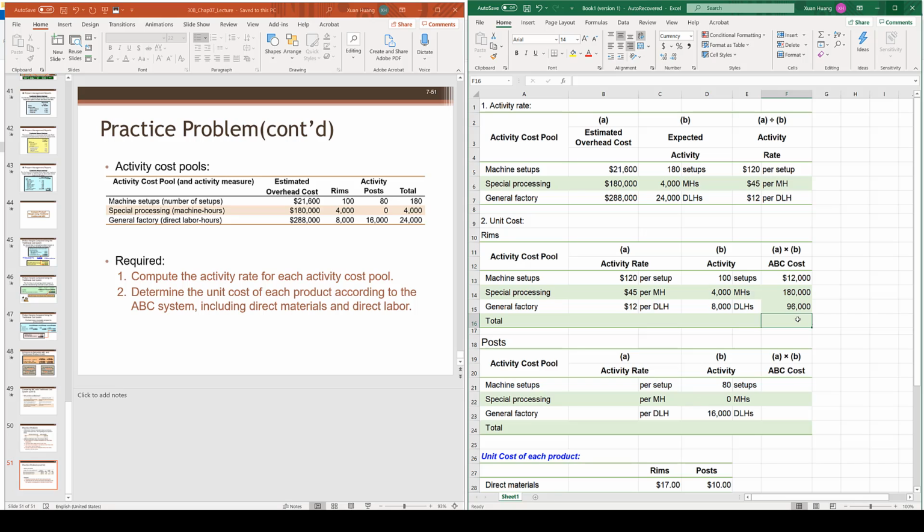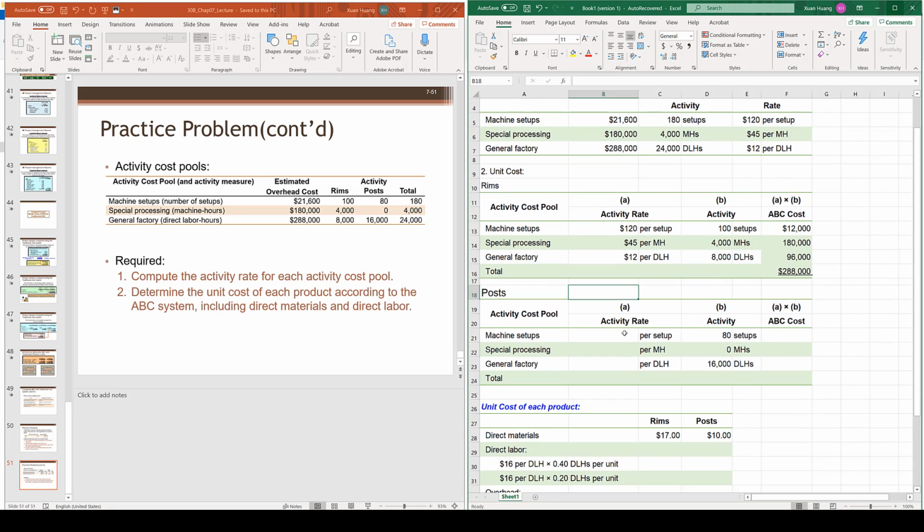Then we add up the total assigned costs from those three activity cost pools to get the assigned cost to rims. The total is 288,000. This is the assigned overhead cost to rims.